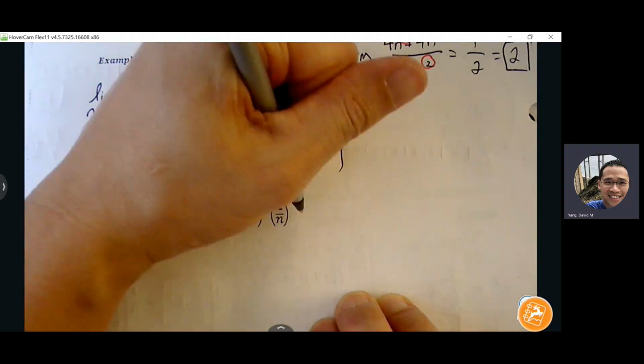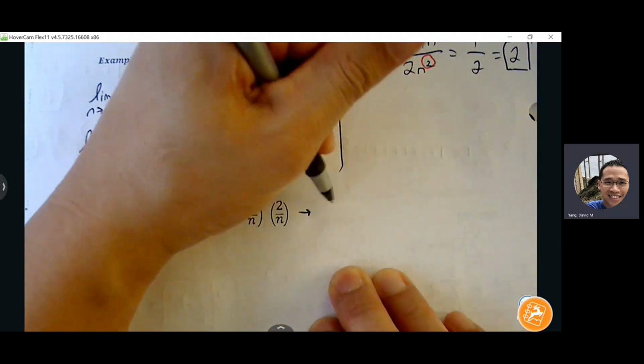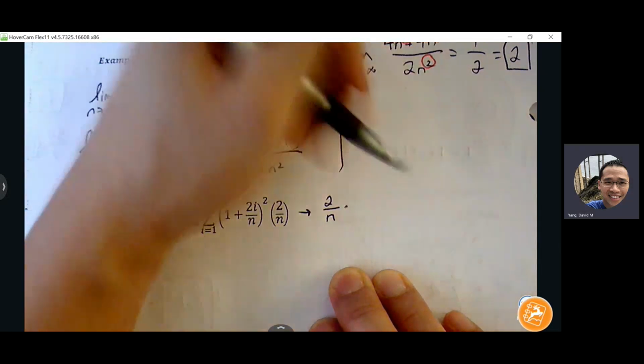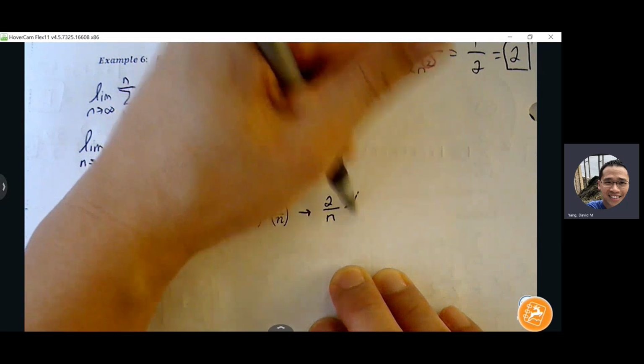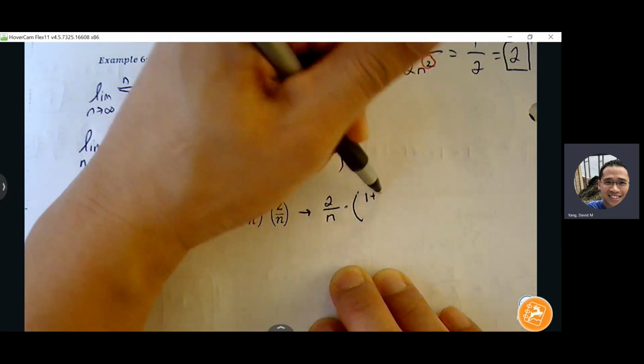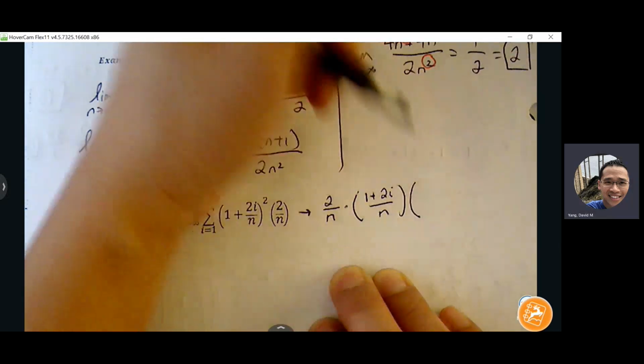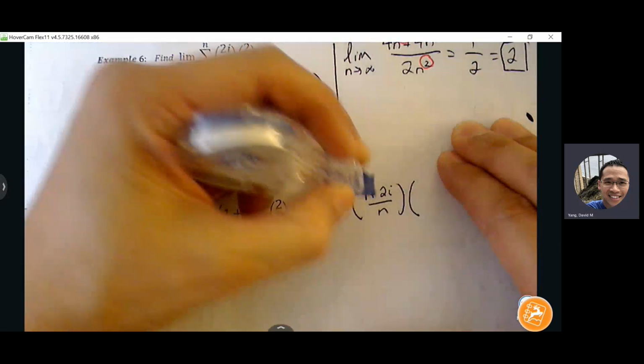So first, I'm just going to bring that 2 over n out in front. I'll expand this out once I take care of this piece here. Oops, sorry, that 1 is separated.